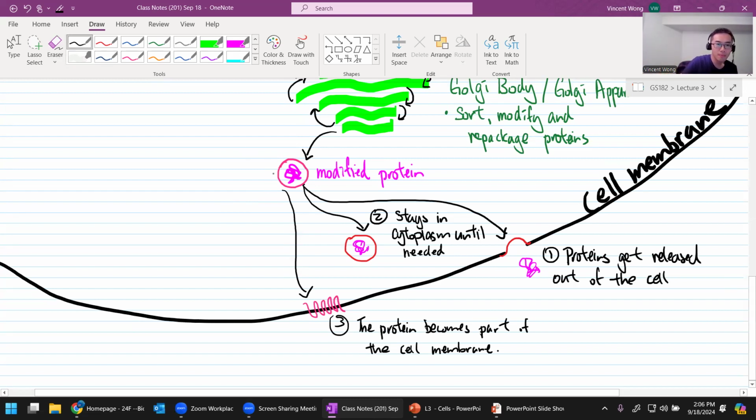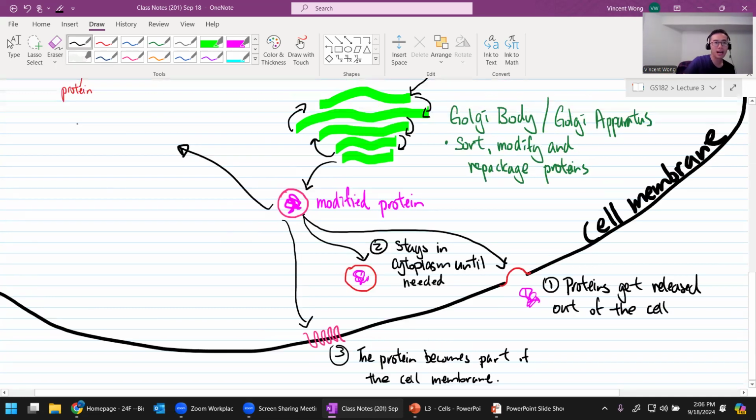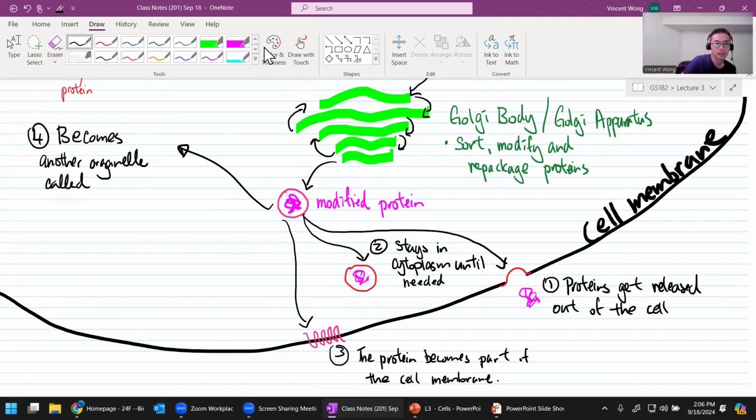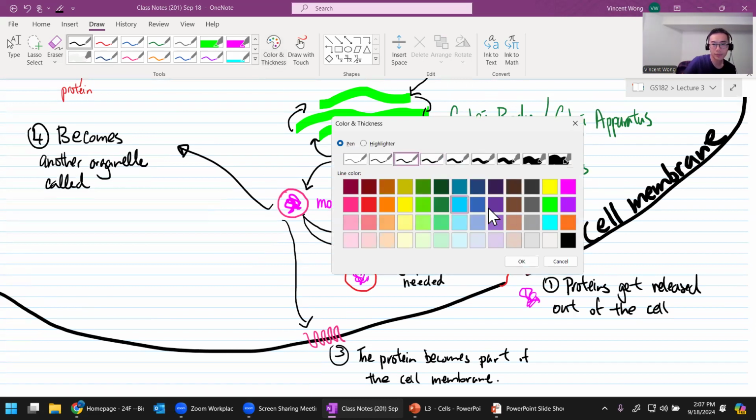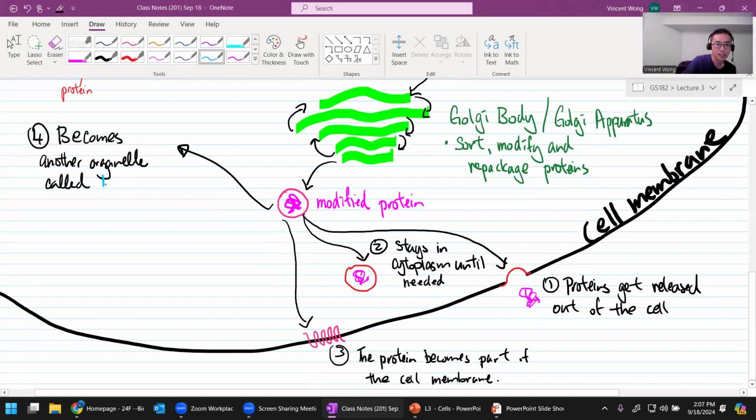And then there's one more possible path. Number four. This thing actually becomes another organelle called, I'm running out of color here, let's use blue, lysosome.